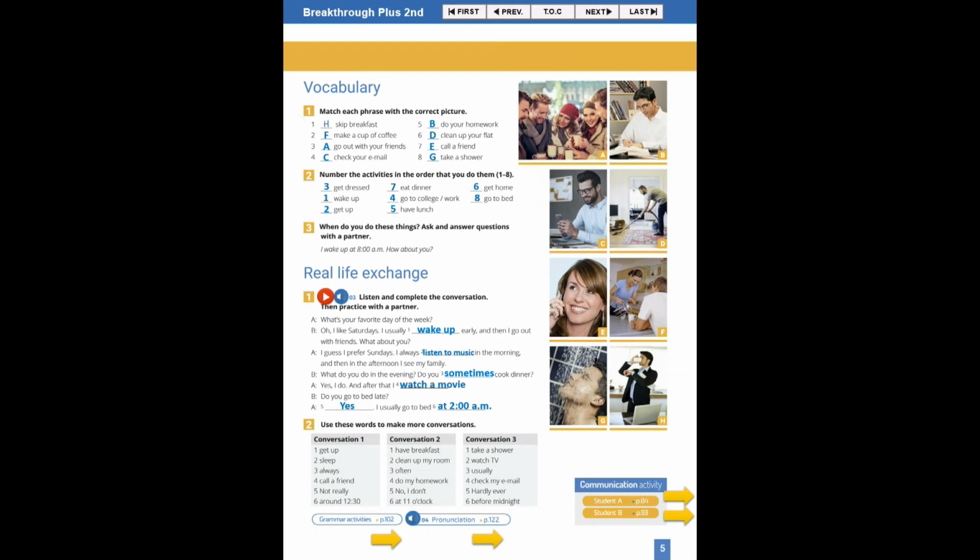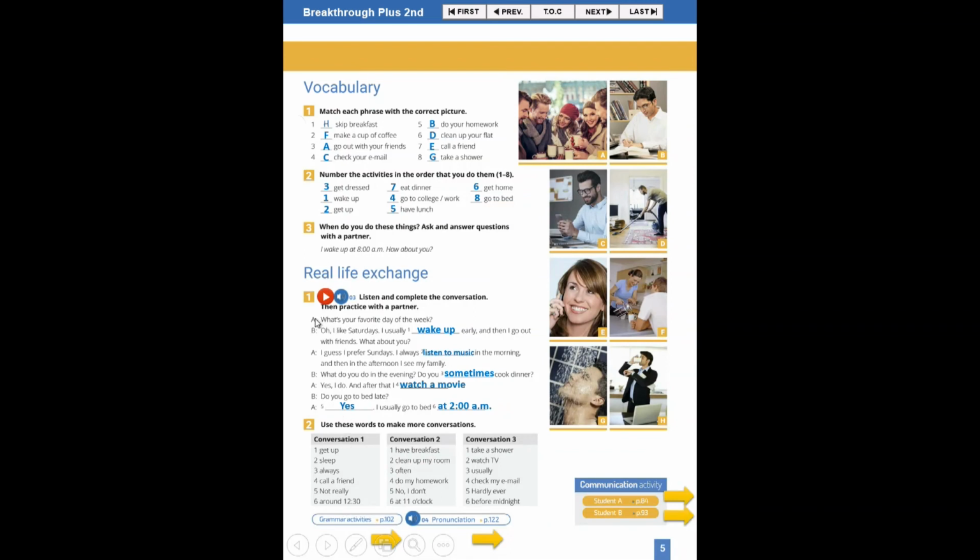Right, if you have a partner with you, I'd like you to practice this conversation using some of the different examples we have here at the bottom. Use conversation one.